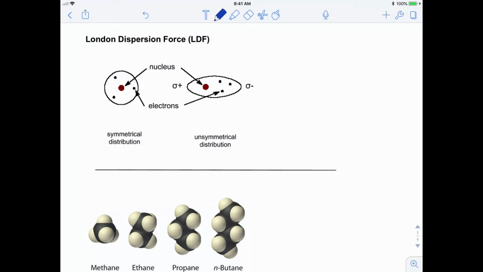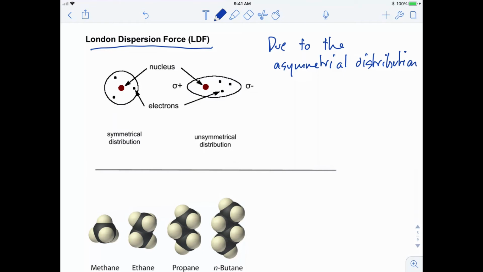The final one, London dispersion forces, as was mentioned, is due to asymmetrical arrangement of electrons in the electron cloud. And so this image is trying to show that. If you look at the image on the left, 3 electrons equally spaced, there is no polarity associated with that atom.